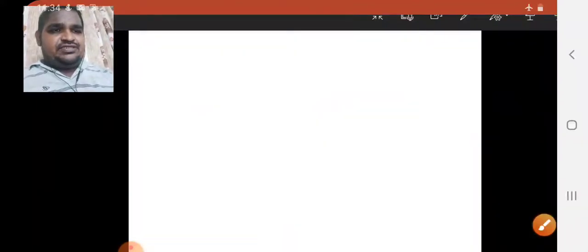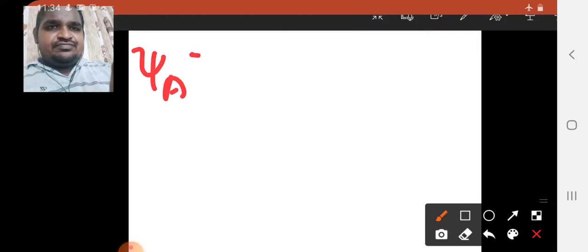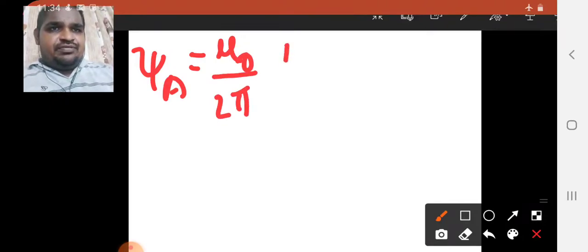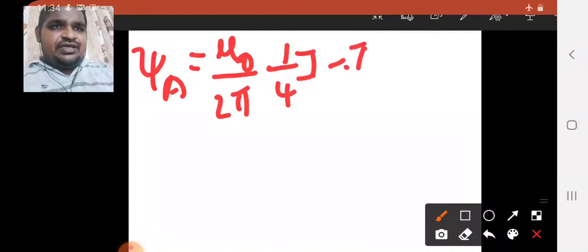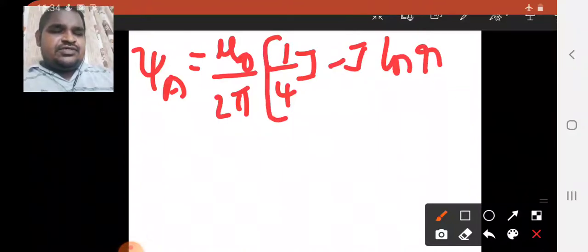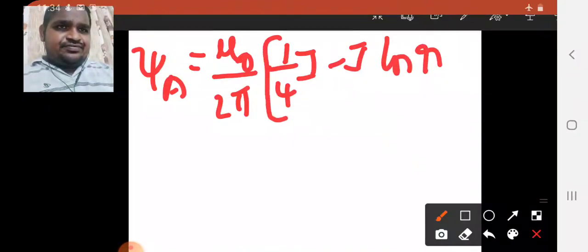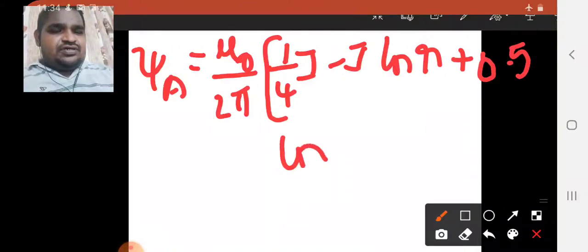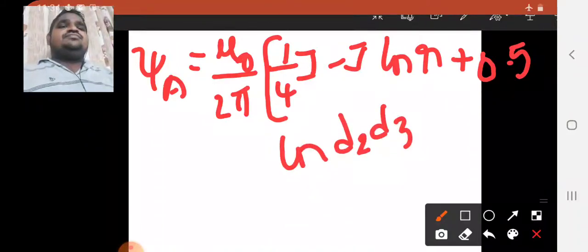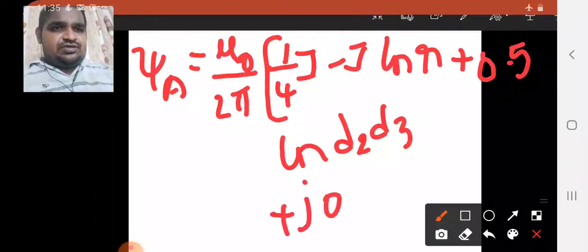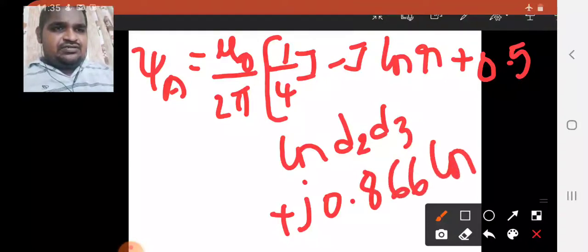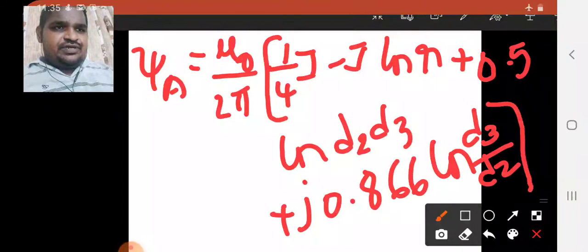Therefore psi A is equal to mu naught by 2 pi, 1 by 4 into I minus I ln r, plus 0.5 into ln D2 D3, plus j 0.866 ln D3 by D2. So this is the expression.